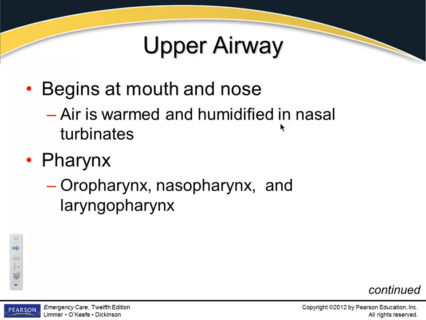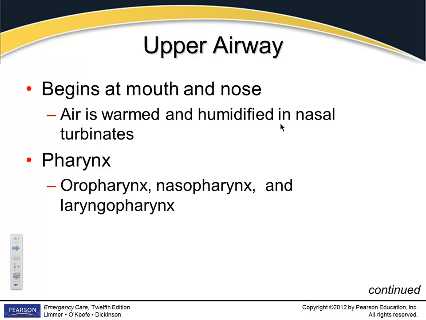The pharynx, we actually break the pharynx. What exactly is the pharynx? It's a space. The pharynx is just a space behind the nose, behind the mouth, above the airway, above the glottic opening. That's the pharynx. So the oropharynx is going to be behind.